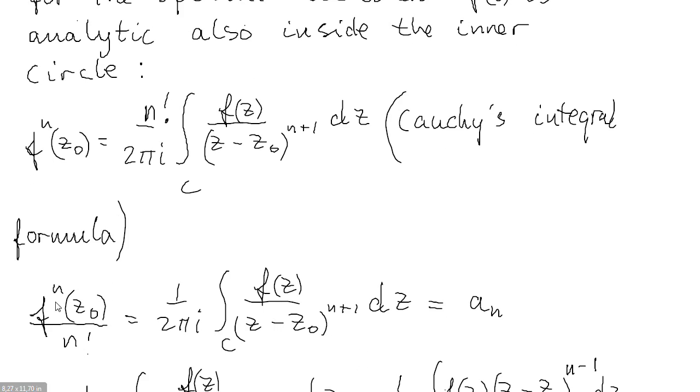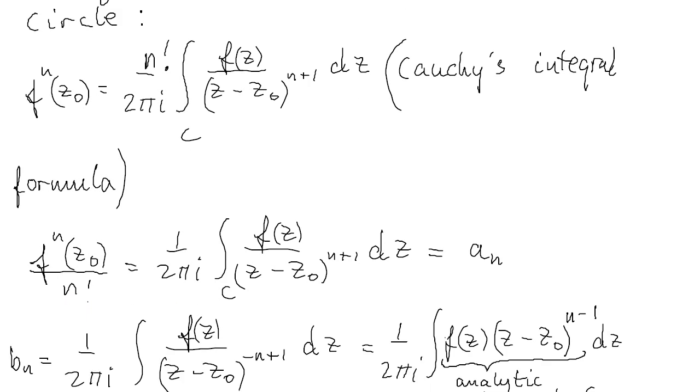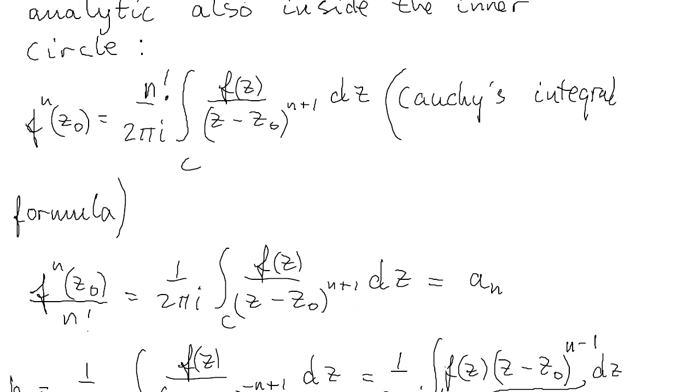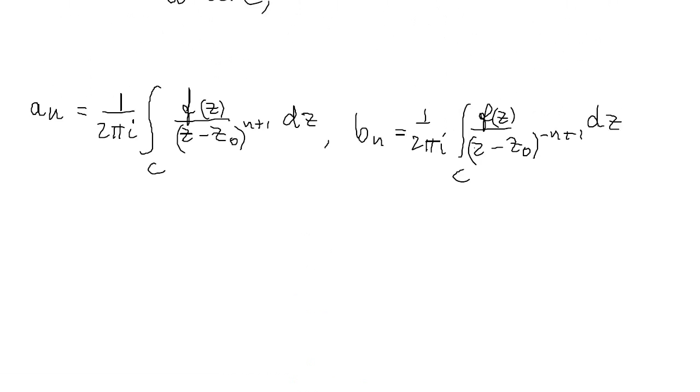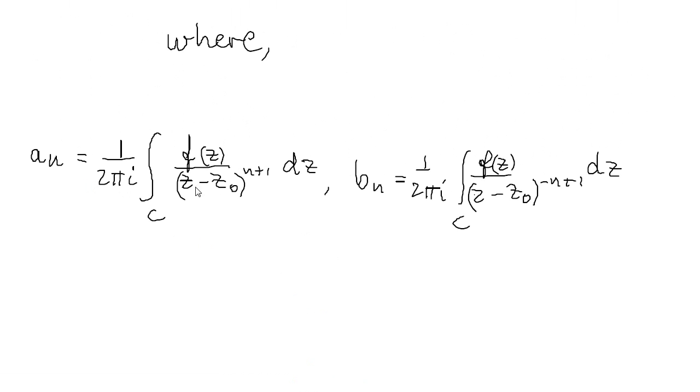And by dividing each side by n factorial, we obtain the following expression. This expression is exactly equal now to the coefficient an. So this is the definition of these an coefficients in the Laurent theorem, which was given by this expression.